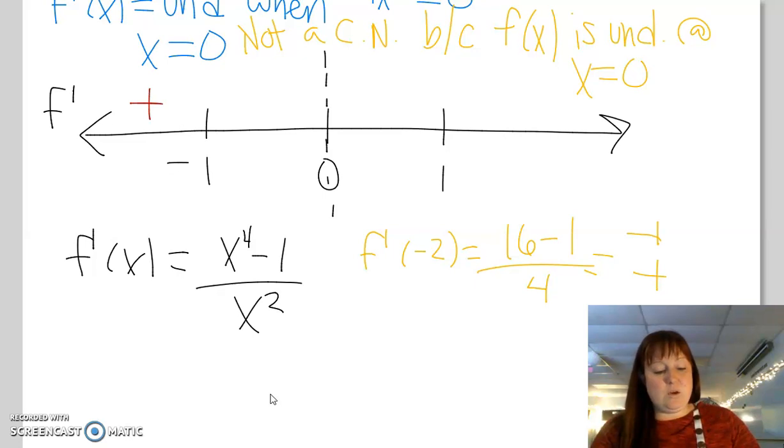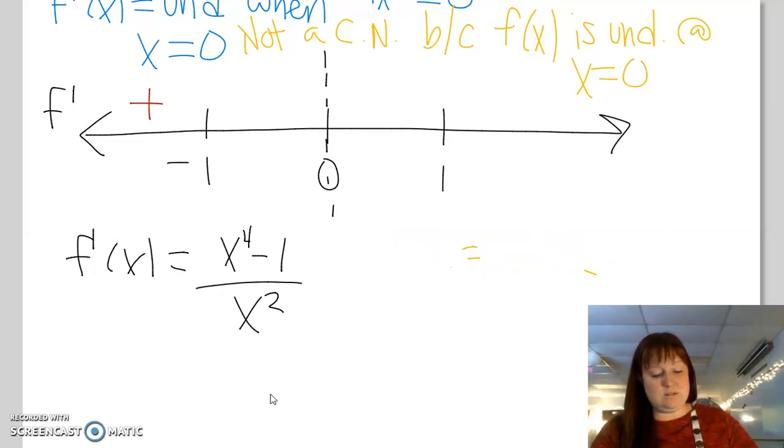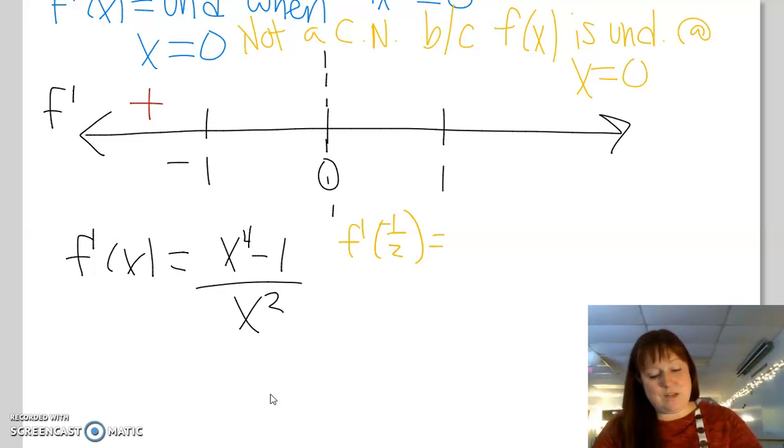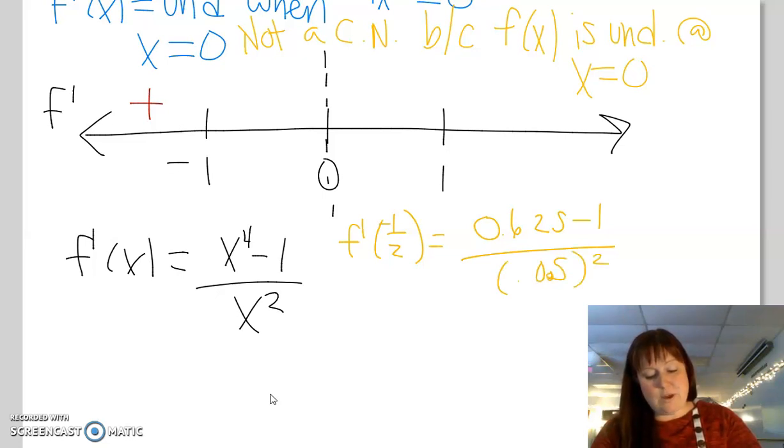Then in between -1 and 0, we could put in -1/2. And we would find, let's see, f prime of -1/2 would be 0.5 to the 4th, gives us like 0.0625 minus 1 over 0.5 squared.